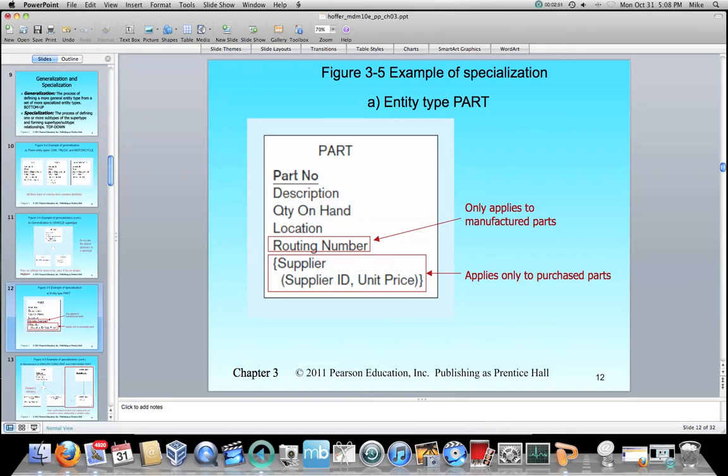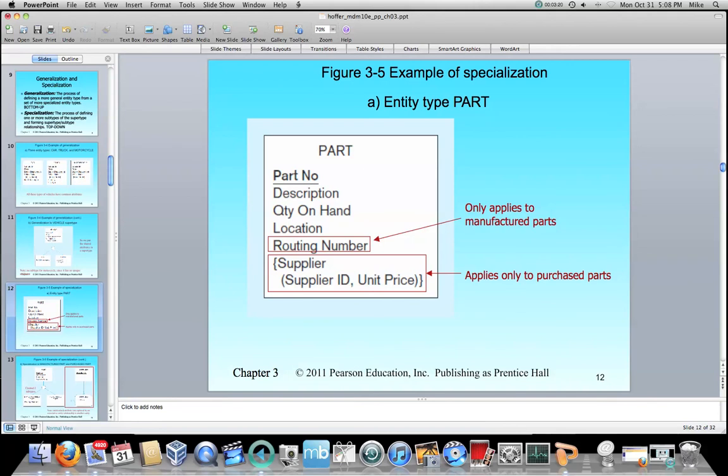So if I'm looking at parts that are manufactured by me, or by my company, all of the parts that I manufacture have routing numbers. Whereas if I go out and I have to buy the part from a vendor, now I'm looking at instances of the part entity that have supplier information.